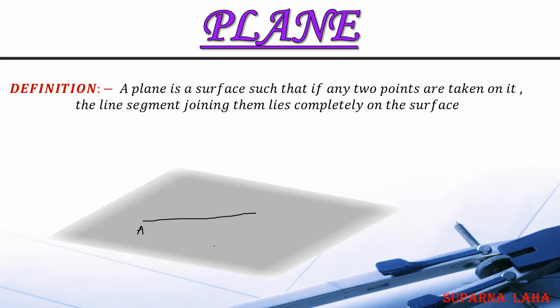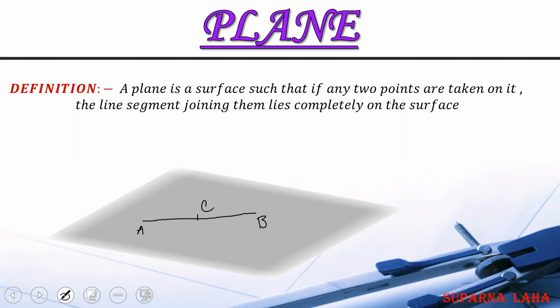So taking 2 points on the surface, all the points on the line segment AB joining A and B lie completely on the surface. So if we take any point C here, C will satisfy the equation of the surface.